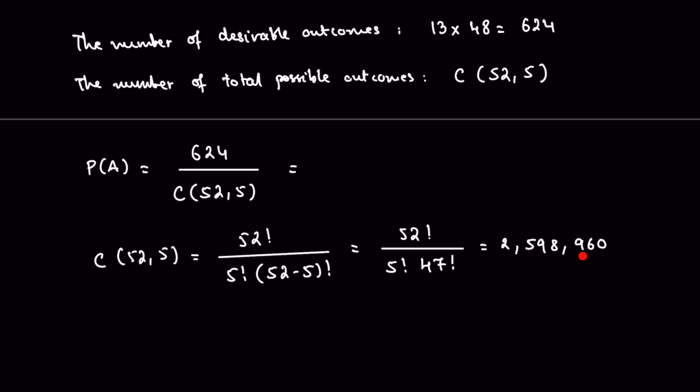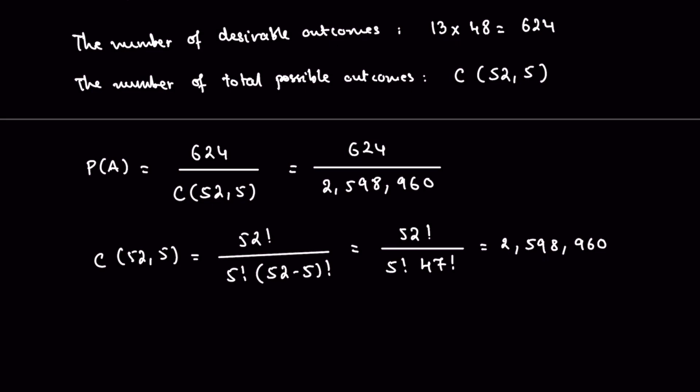So you're going to put this number into the denominator of the probability of A. You're going to get 624 divided by 2,598,960. So that is the probability of getting a 4 of a kind hand.